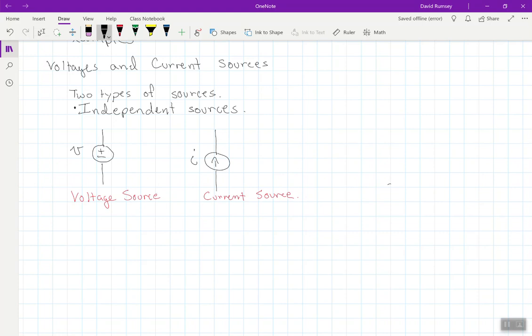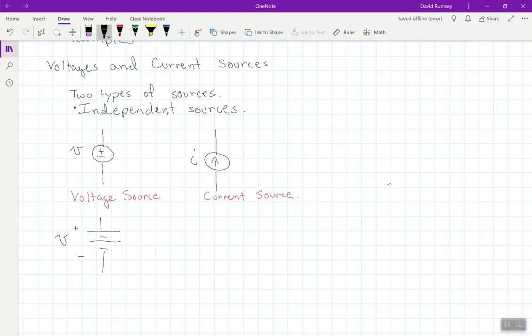Although I will put in here that there is another common symbol used for voltage, and sometimes they prefer using this symbol to represent a battery as opposed to this symbol up here. But in reality, you can use either one. There's no set rule in electronics as far as which one is proper.